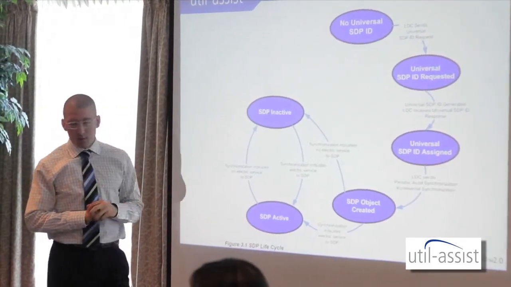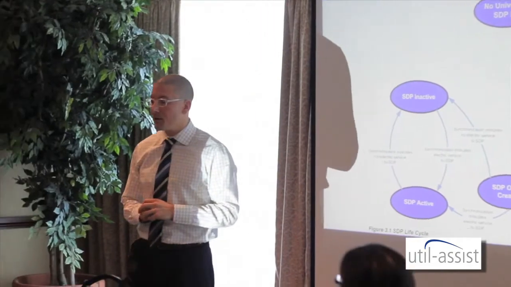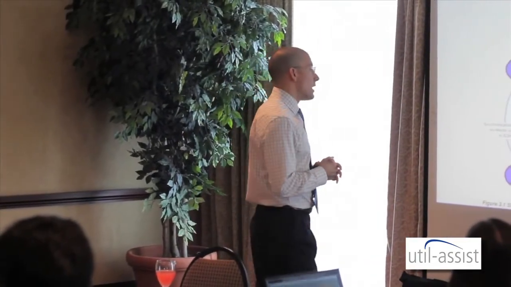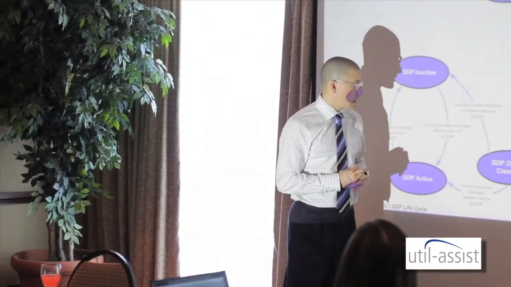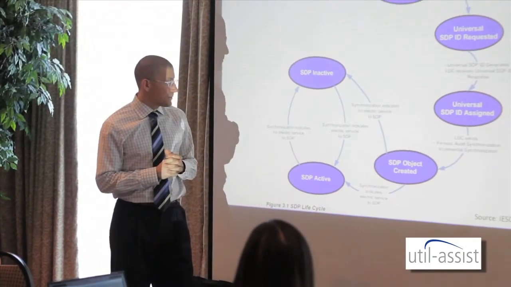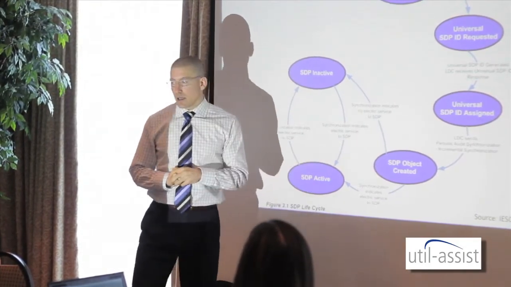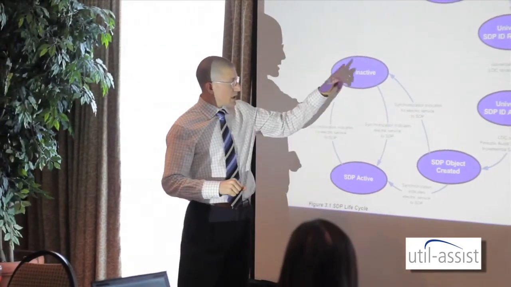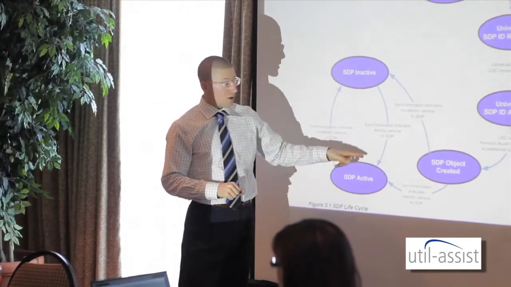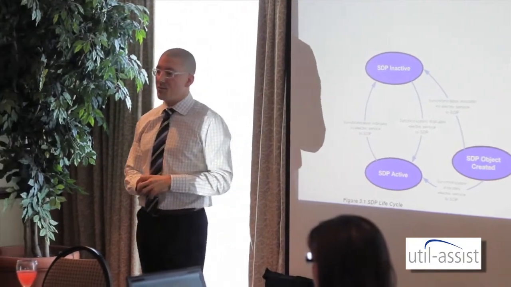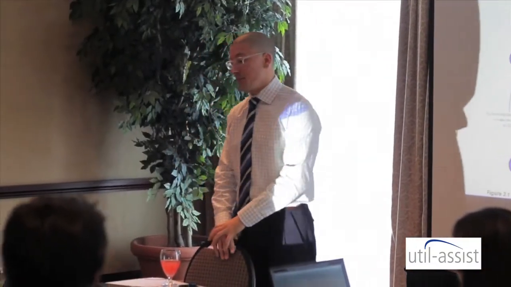You've now sent this minimum set of attributes, and they know a little bit about that USDP ID. If your sync file indicates electric service to the SDP, then the SDP is active. And then you just go through this cycle, possibly, of the SDP being active or inactive.